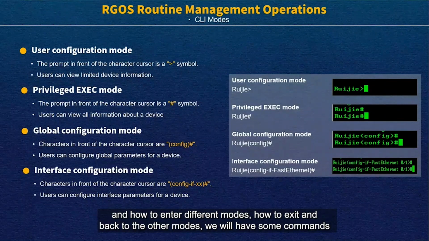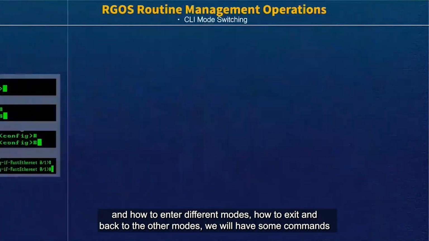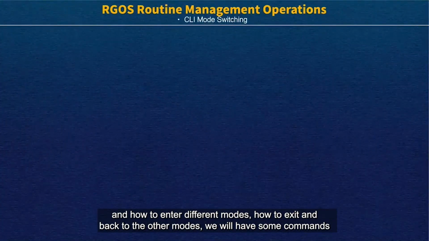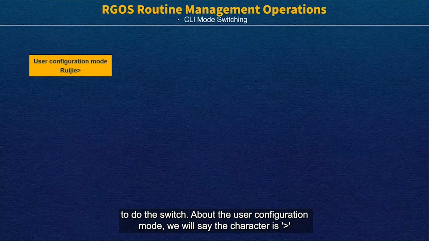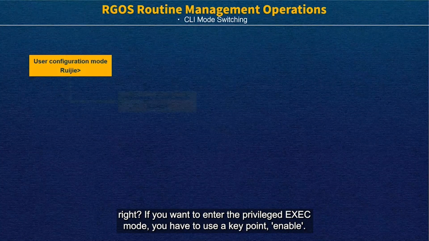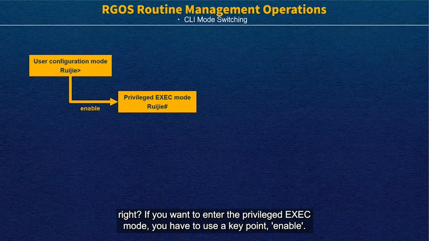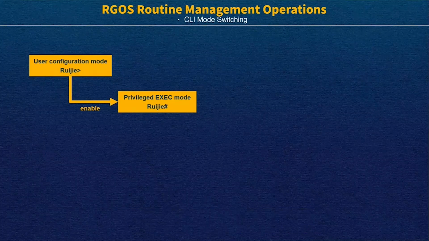And how to enter different modes and how to exit back to the other mode, we have some commands to do the switching. For the user configuration mode, the character is the greater-than sign. If you want to enter the privileged exec mode, the key command is enable.